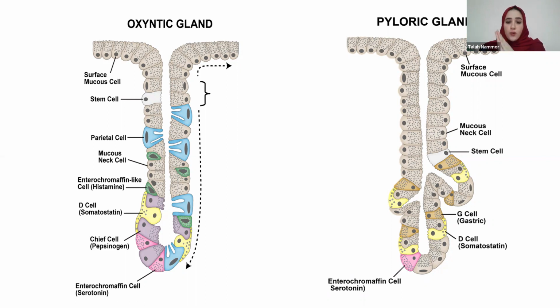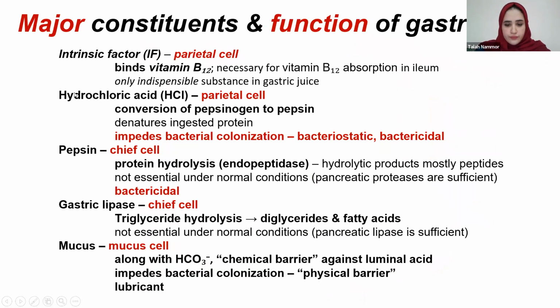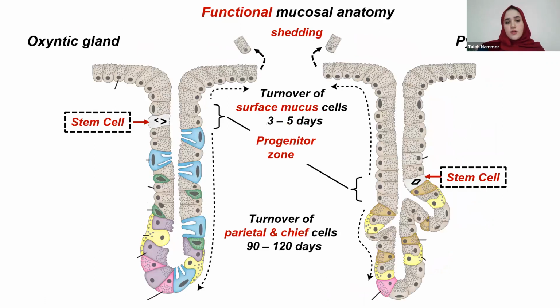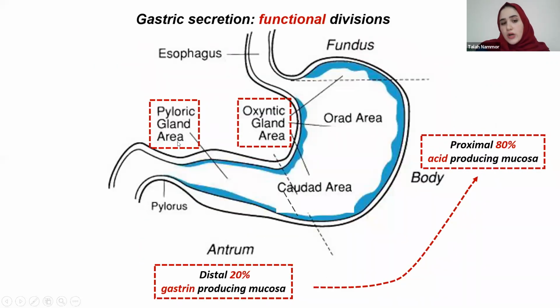So if we go back, wait, I want to show you something. If we go back in here, in the pyloric gland or the pylorus, we're going to have G cells. Those G cells will produce gastrin.